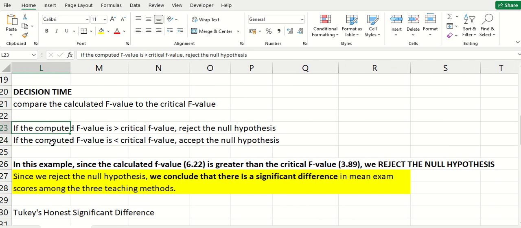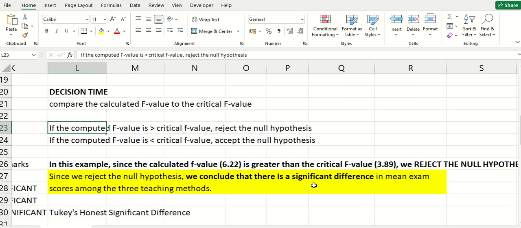We have the upper one: the computed F stat value is greater than our critical value.